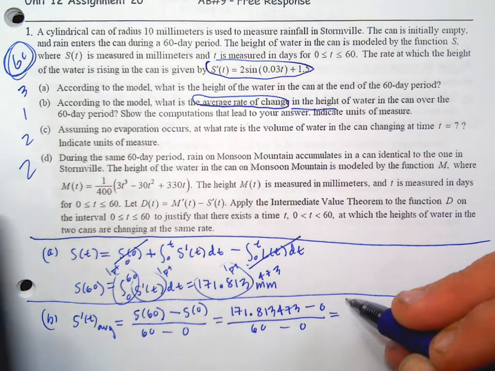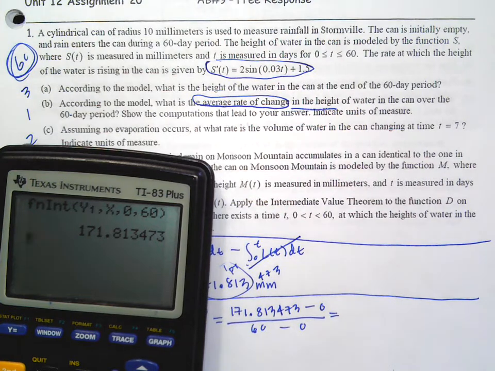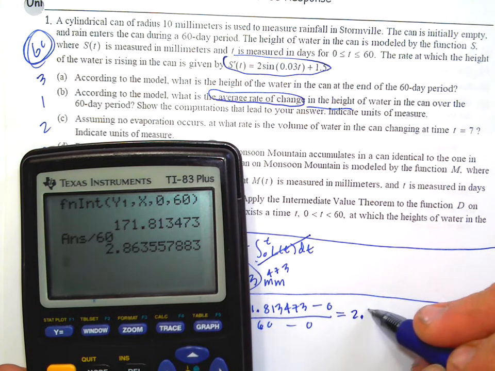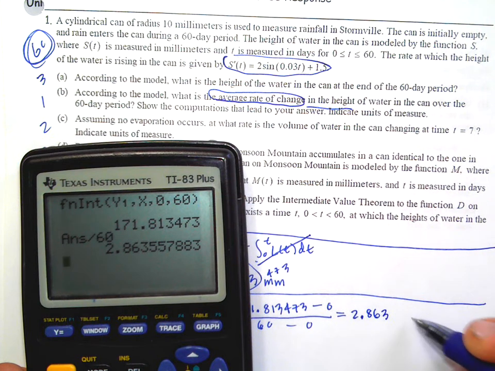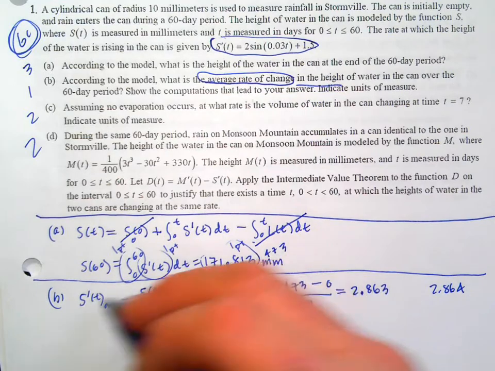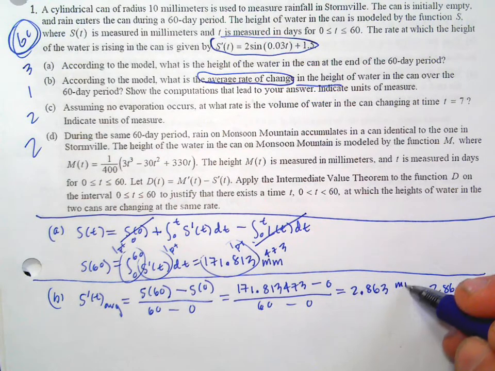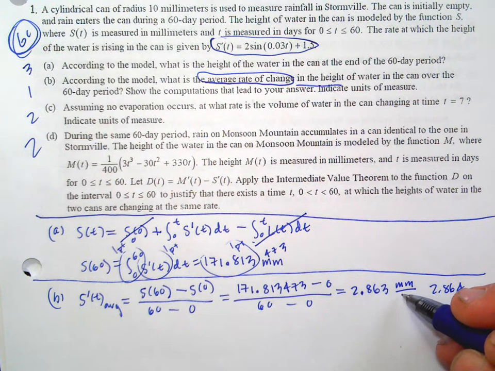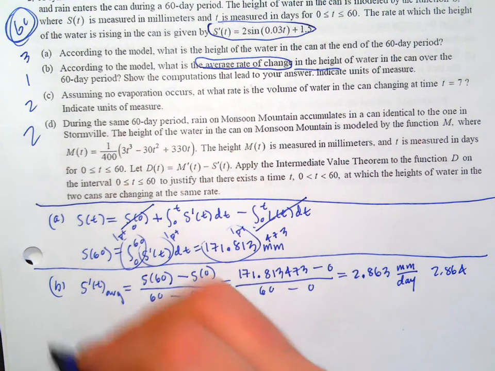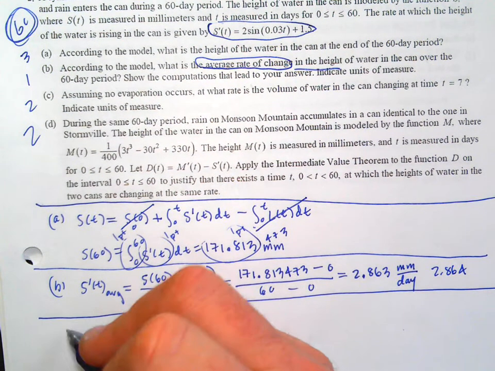So that's just my previous answer divided by 60, which is 2.863, or 2.864 rounded to three decimal places. The units of the top are S, which is height, millimeters. The units of the bottom are time, which is days. Millimeters per day is the average rate of change of the height. So a little mean value theorem there for derivatives.